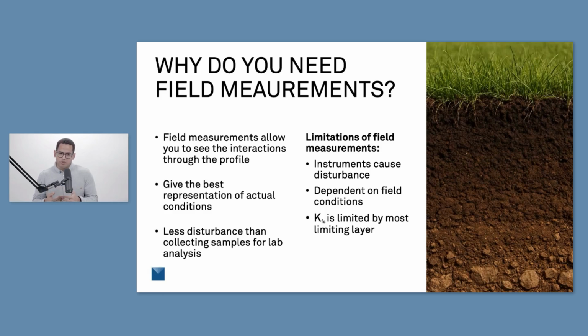And oftentimes there's less disturbance than collecting soil samples for lab analysis. Now, there are ways, of course, to take your core samples and try to minimize that impact in the field, and how much you disturb sites. But there are other factors at play, like how well did you collect that core sample? Are you taking intact core samples?